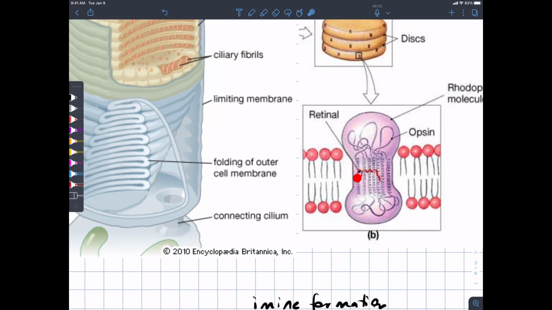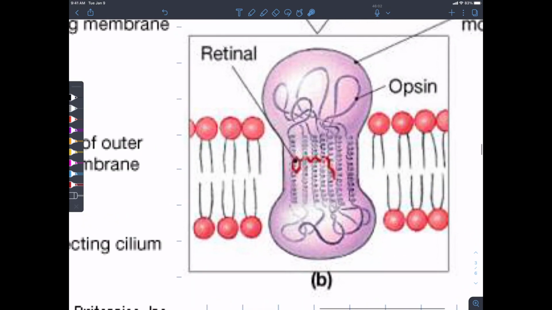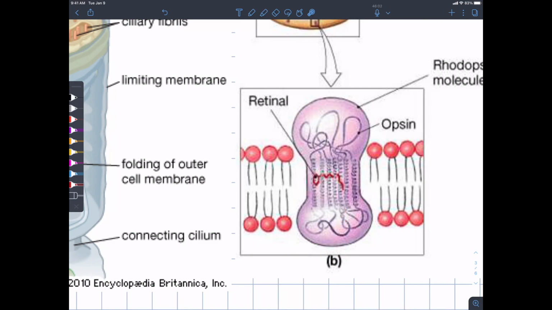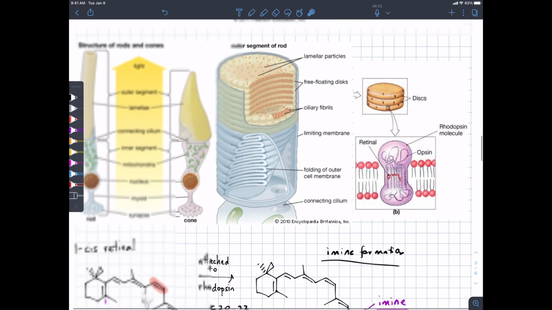And here a little red squiggle represents that 11-cis retinal. You'll learn about proteins later. This is a 7-helix transmembrane protein that spans the lipid bilayer. It has an extracellular domain and an intracellular domain. But the key part is this retinal molecule that's embedded inside the helices that span the membrane.